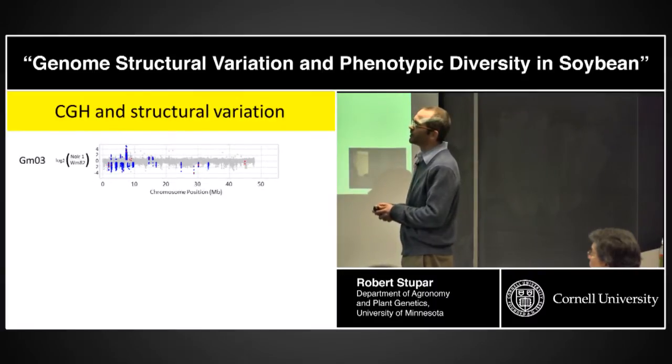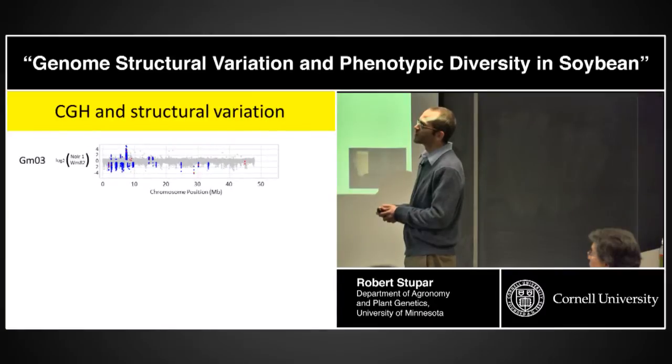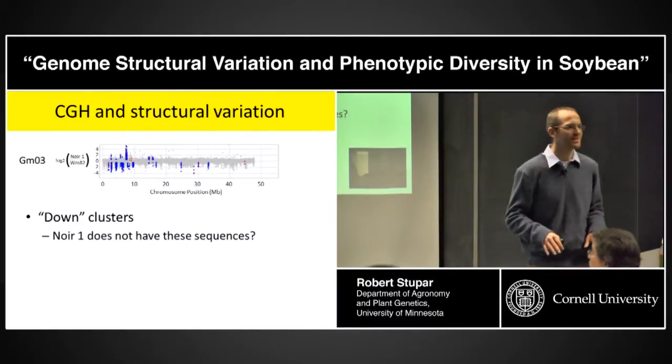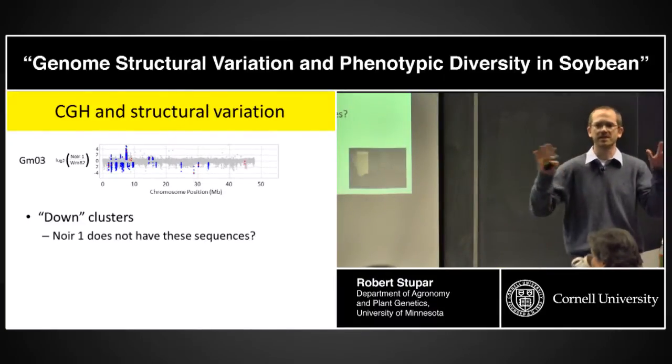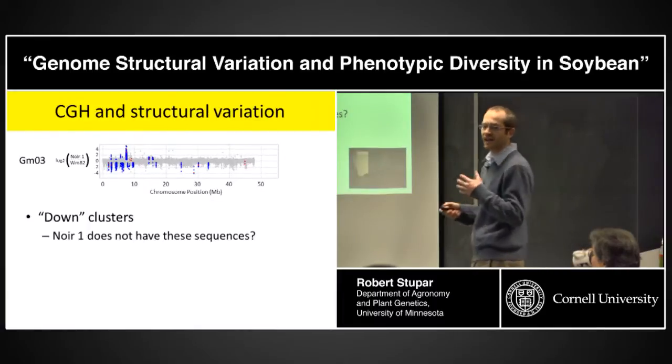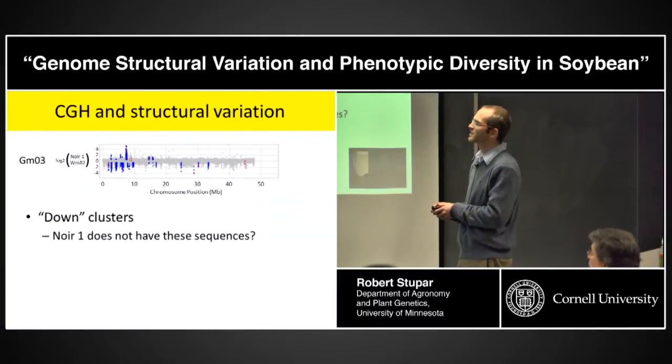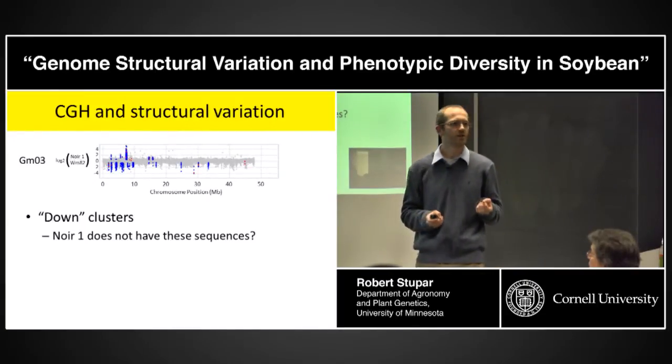What you see here is the top of the chromosome, position 0 up to about 48 megabases. I don't want to get too nuanced with this because it's hybridization based, and I know there's going to be some fuzziness in the data, but the quick interpretation is that down clusters, things that fall off this line, are where Noir 1 has a lower signal than Williams-82.